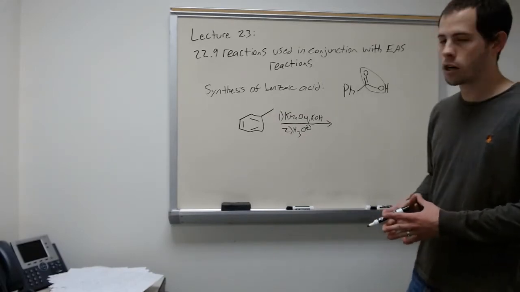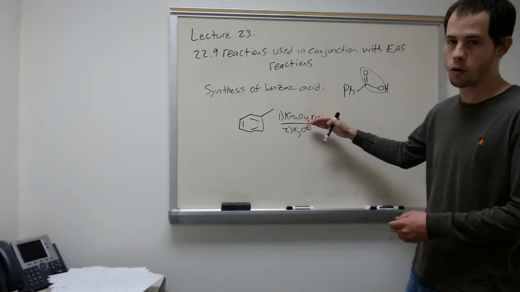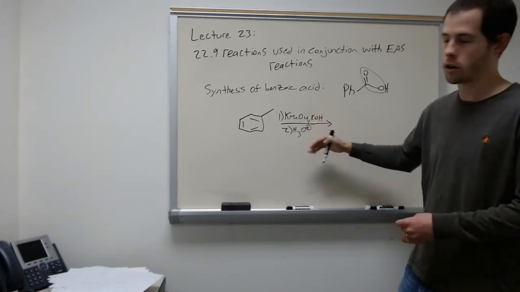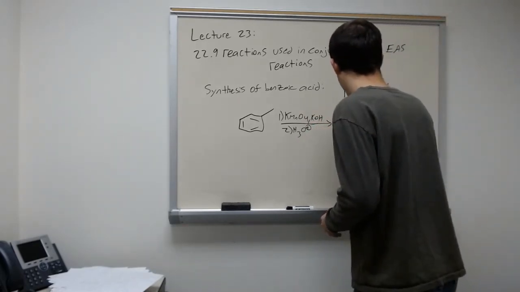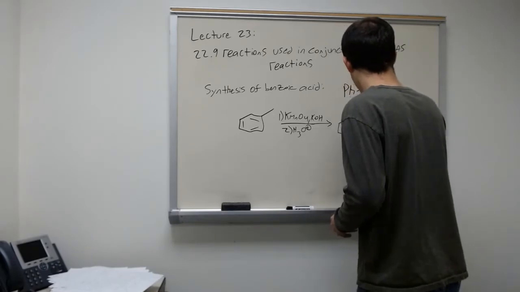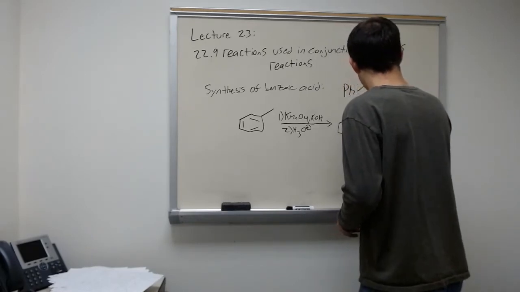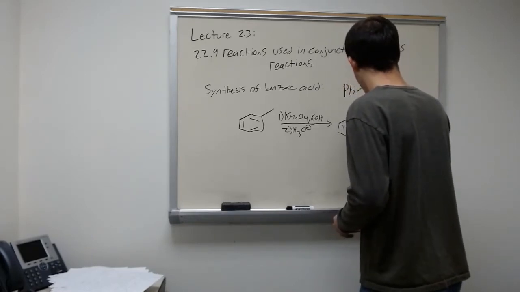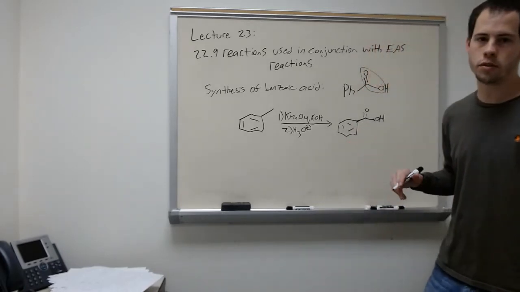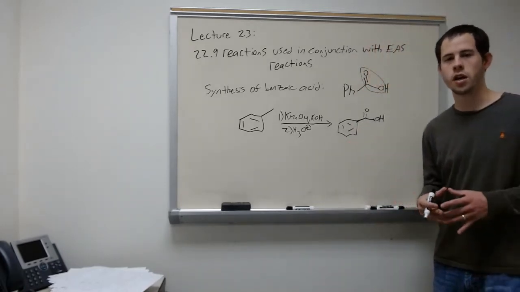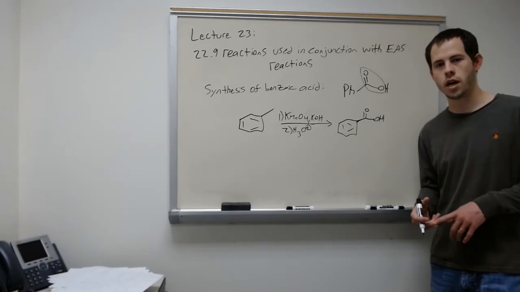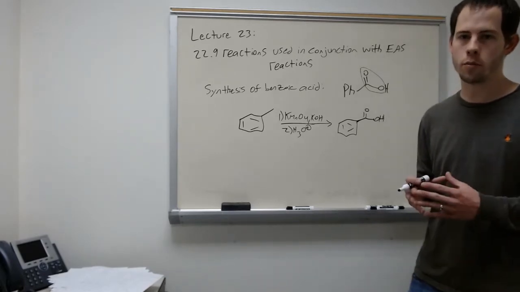And so the outcome of this, when we use KMnO4, KOH, followed by an acid workup step, is benzoic acid. And so like I just said, you need at least one benzylic hydrogen or for it to be part of a pi bond.